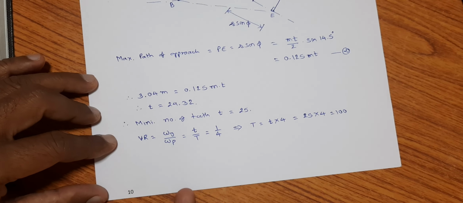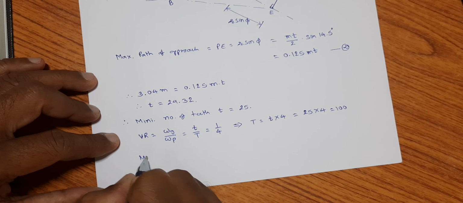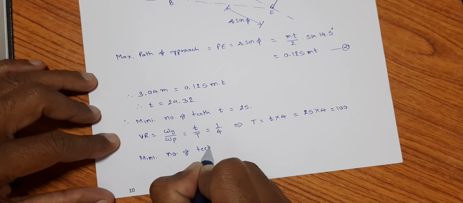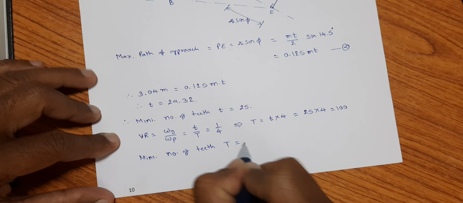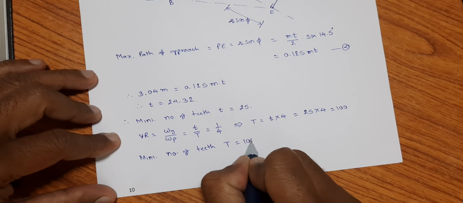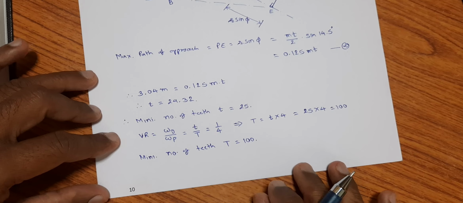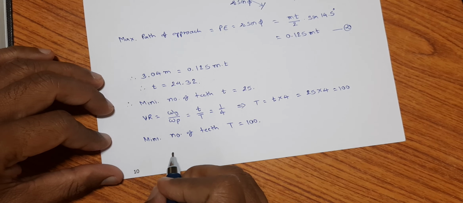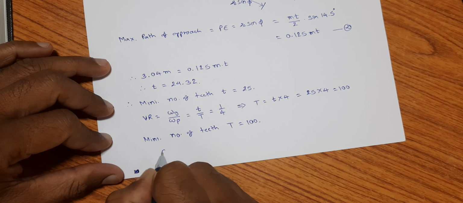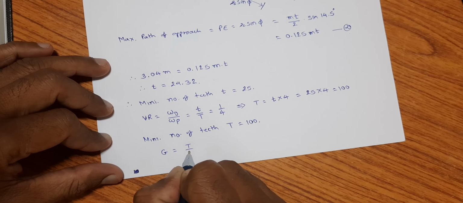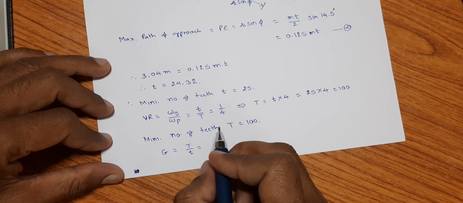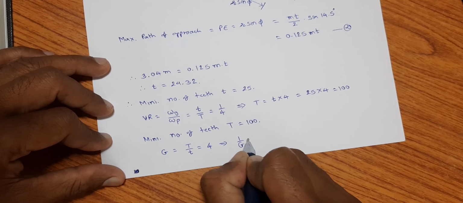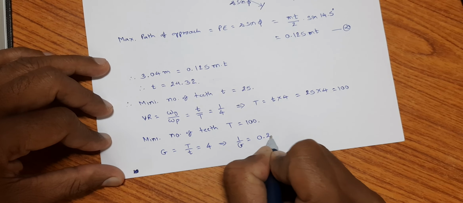So minimum number of teeth on gear to avoid interference, capital T is equal to 100. Also we can write that gear ratio capital G is equal to capital T upon small t is equal to 4, hence 1 upon G is equal to 0.25.